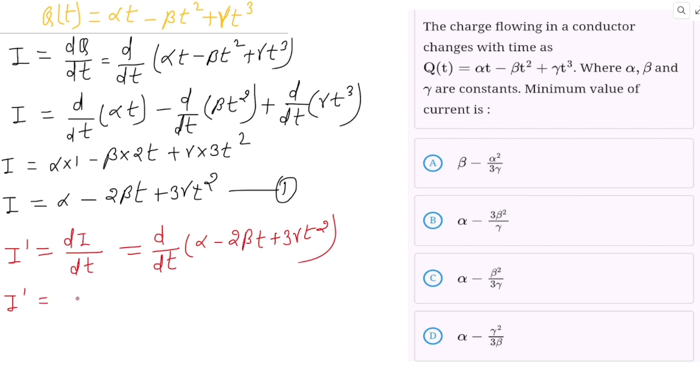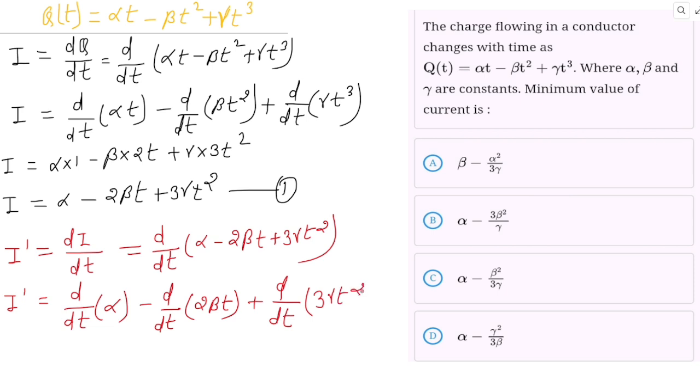I dash is equal to d/dt of the first term alpha, minus d/dt of the second term, that is 2 beta t, plus d/dt of the third term, which is 3 gamma t square.